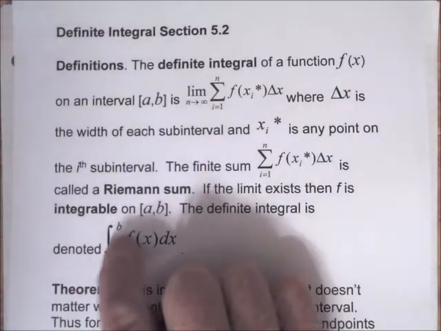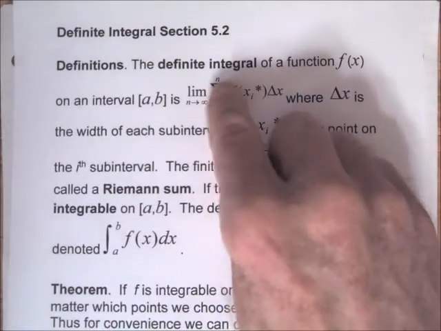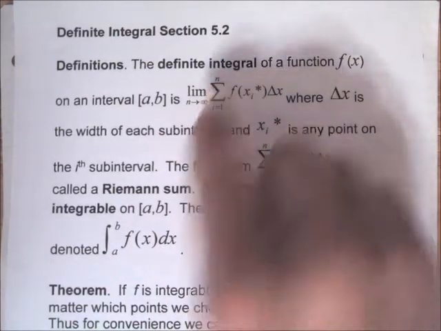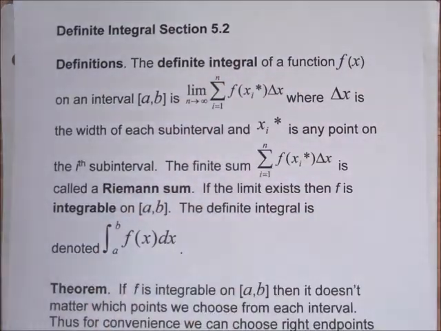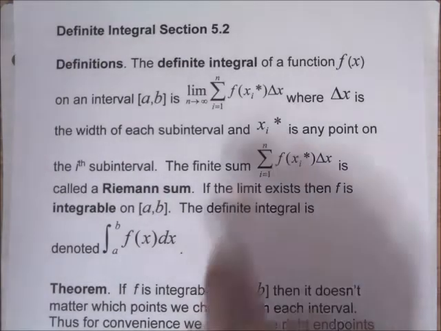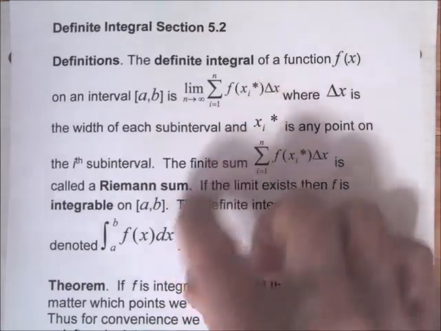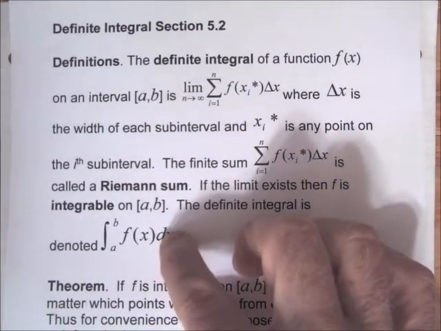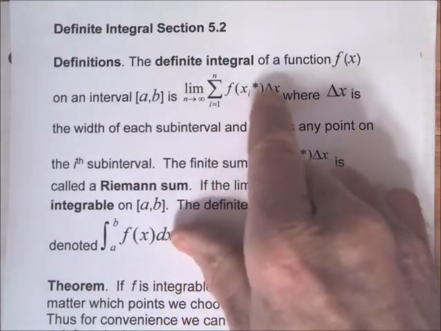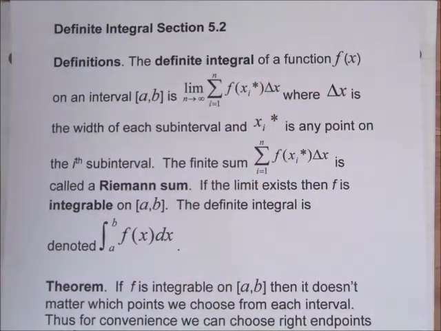You can think of it as a smoothed out sigma to indicate they're taking the limit of a sum. The dx you can think of as the limit of delta x. The dx is like the width of the interval, but when you take the limit, the interval width goes to 0. So anyway, this is the notation.